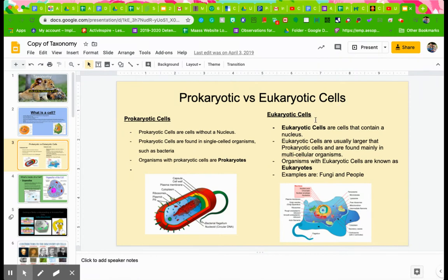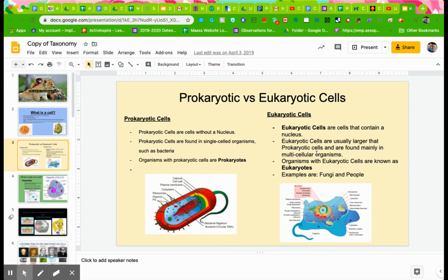Eukaryotic cells, on the other hand, are cells that do have a nucleus. The nucleus is like the manager, the boss of the cell. So this one doesn't have a manager or a boss, but this one does, right there in the middle. Eukaryotic cells are usually larger than prokaryotic cells and are found mainly in multicellular organisms.